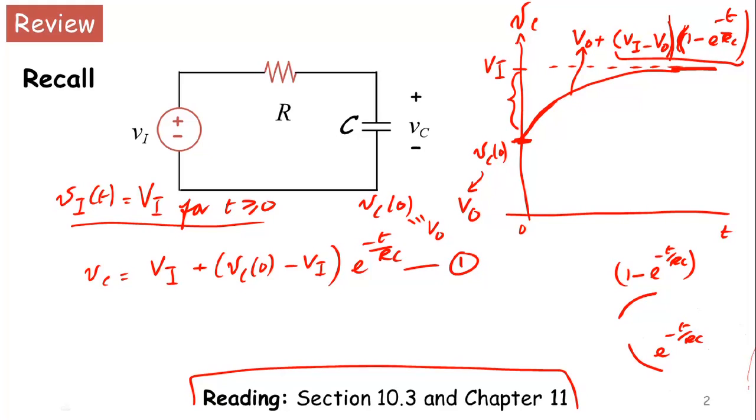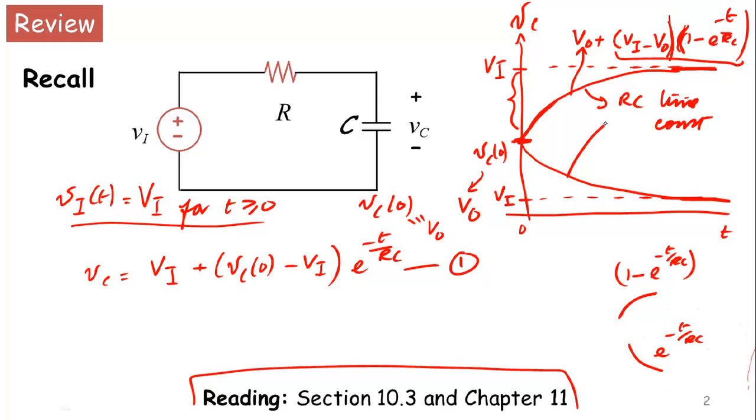Now, if Vi had tended to be lower than Vc of 0, let's say Vi was down here, in other words, if the input voltage was lower than the capacitor voltage, then at the end of the day, the capacitor would end up being at Vi. And in that case, I would have a decaying waveform. Of course, the time constant of this would be RC in both cases.